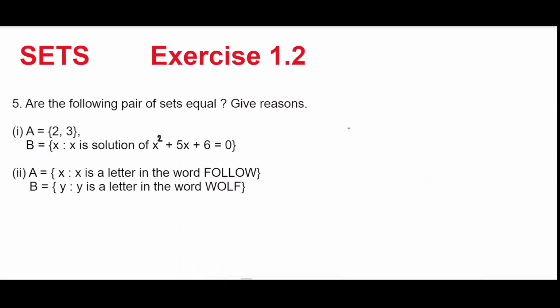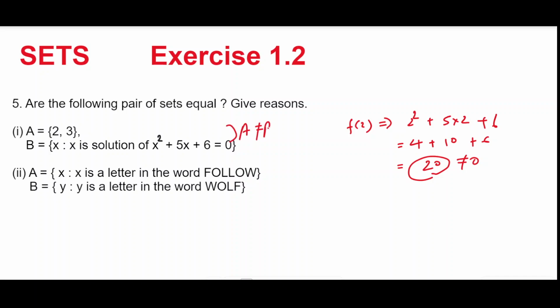First we put in f(2). What do we get? 2 squared plus 5 into 2 plus 6: 4, 5 times 2 is 10, and 6, that is 20, which is not equal to 0. So 2 is not a solution. If it is not a solution, there is a difference in solutions, so A is not equal to B. Clear? Now come to the next part.